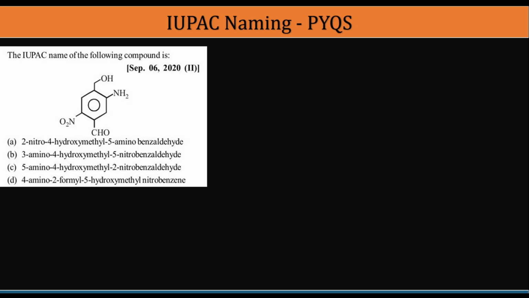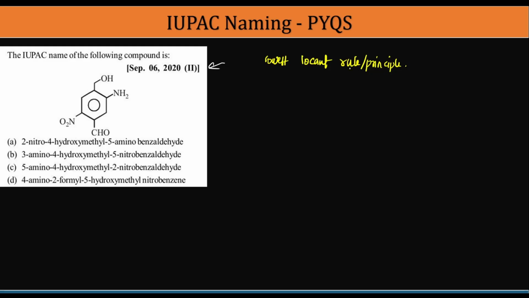This is the question which came on September 6, 2020. Let me try to write the product over here. One thing you need to know before solving is the lowest locant rule, or you can call it a principle.